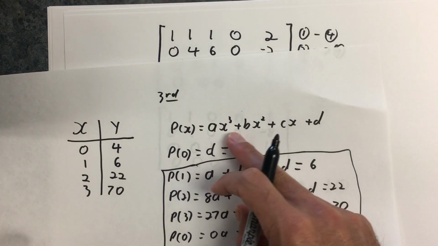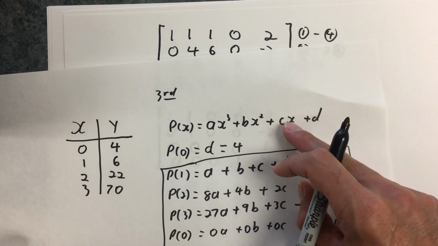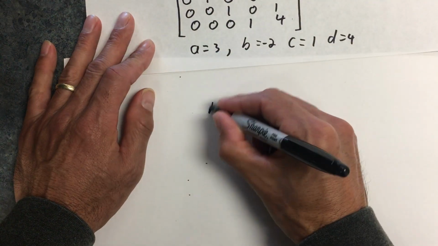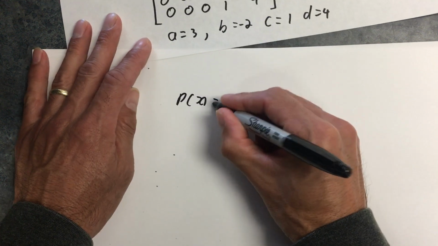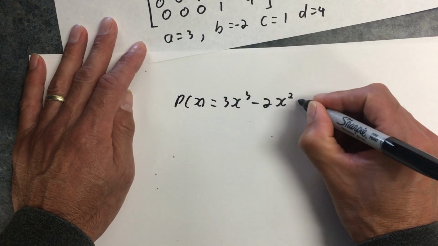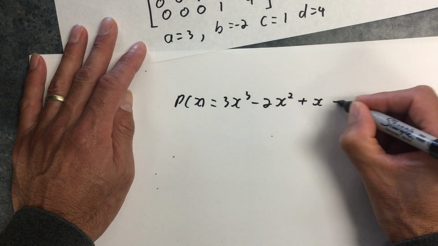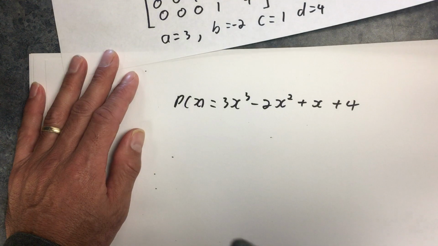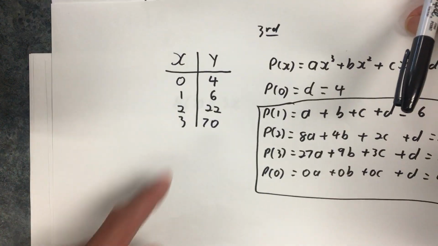And remember, the original equation was of the form ax cubed plus bx squared plus cx plus d. So my polynomial evaluated at x is 3x cubed minus 2x squared plus x plus 4. I got this from these 4 points.